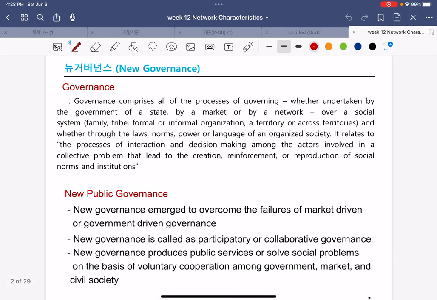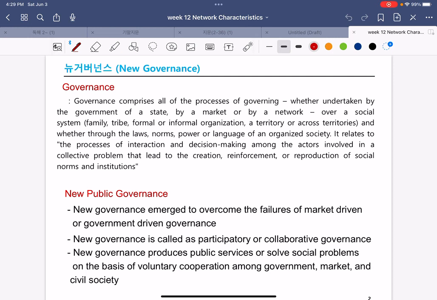Okay, so as I said, this is the final outcome of public reform, governance. What is governance? Governance has a variety of definitions. Structurally, it is network.